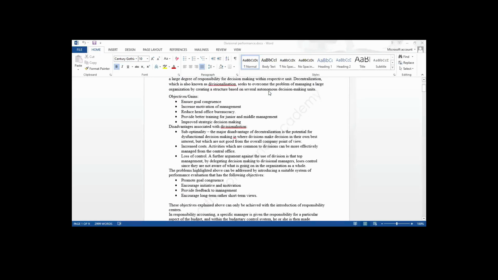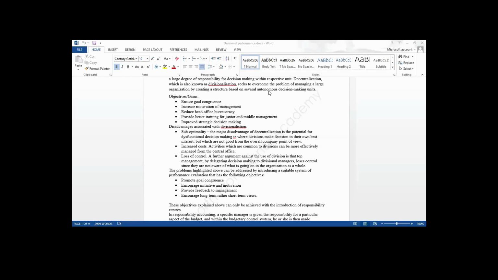What are the limitations? 1, suboptimality. The major disadvantage of divisional structure. A major limitation of divisional structure is the potential for dysfunctional decision making.